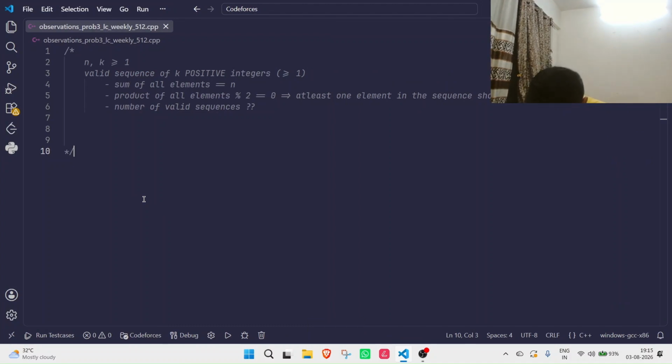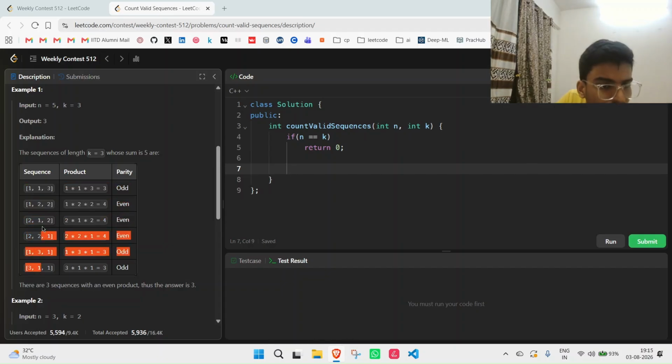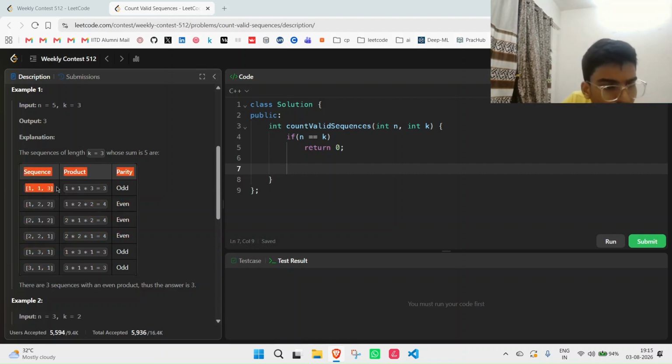Then we have 6 sequences, but only 3 are under even product. The sum should be n, right?